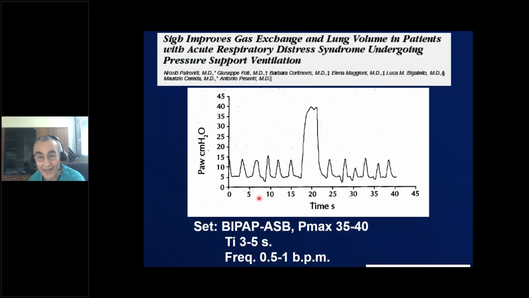How do we apply Sigh? We use BiPAP on top of a pressure support level with the Pmax that is the same as the recruitment maneuver, with an inspiratory time long enough to promote the recruitment, because recruitment takes time, and with the lowest possible frequency, never above 1 per minute, better one every 2 minutes.